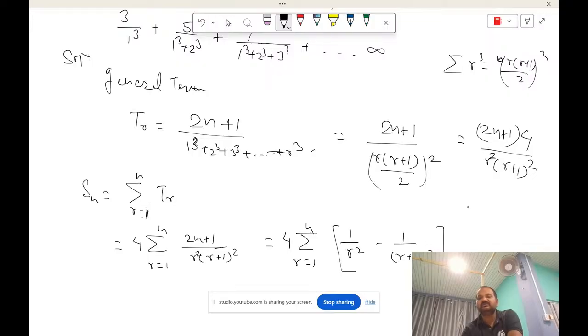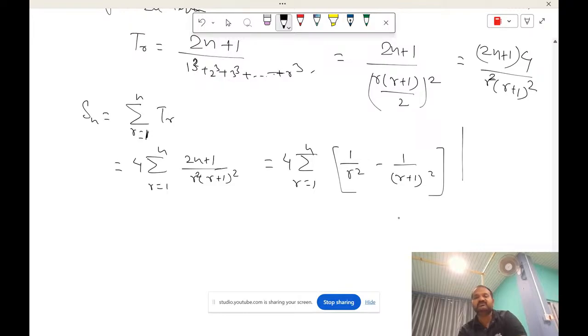If we write it this way, it is up to r, not n. It is the r term, because we have taken the term of r, so r is equal to 1 to n.